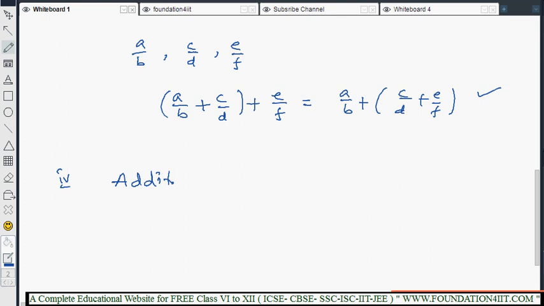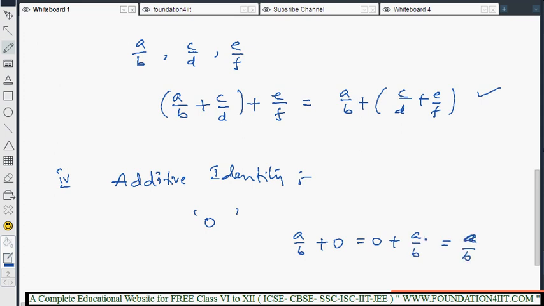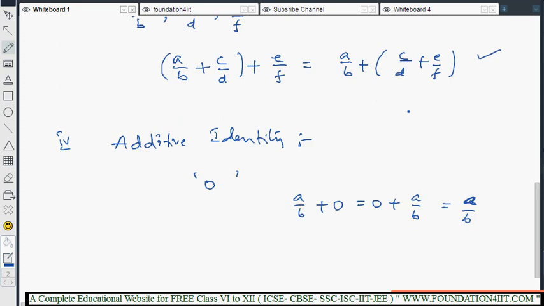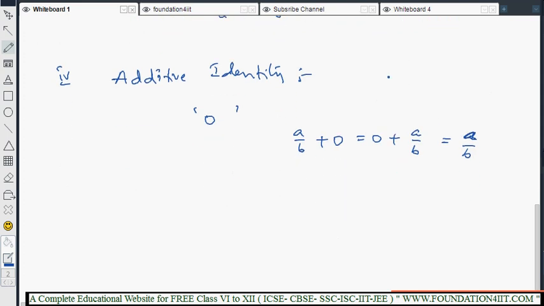Here 0 is the additive identity, because a by b plus 0, or 0 plus a by b, gives the same rational number a by b only.